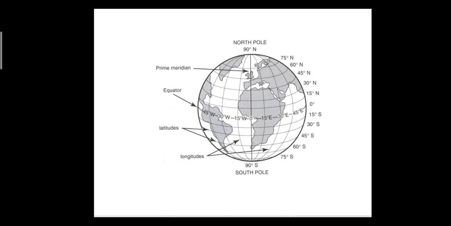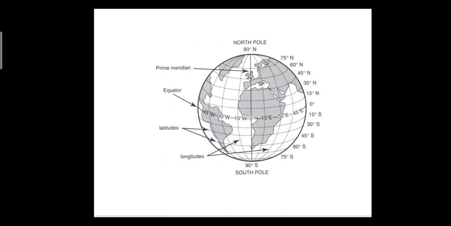As we are moving from the equator to the North Pole, you can see the latitudes are marked with values: 15° north, 30° north, 45° north, 60° north, 75° north. And if we look at the bottom part, from the equator to the South Pole, you will see 15° south latitude, 30° south, 45° south, 60° south, and 75° south.